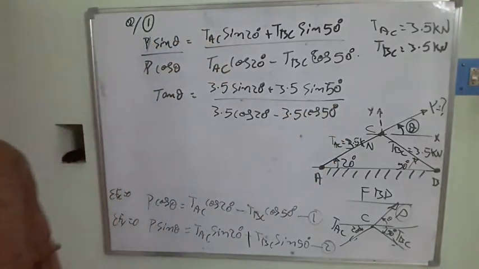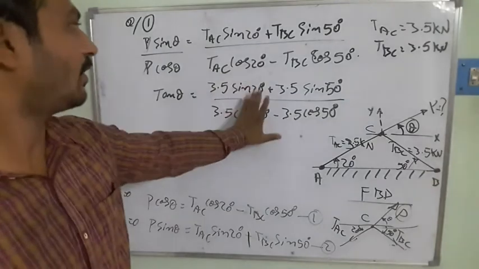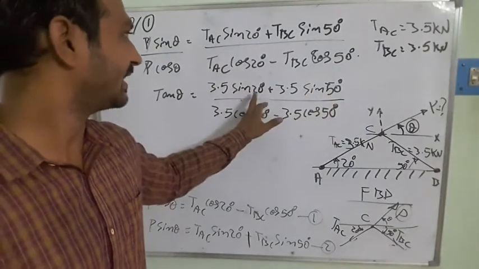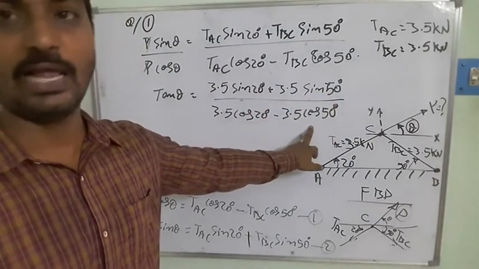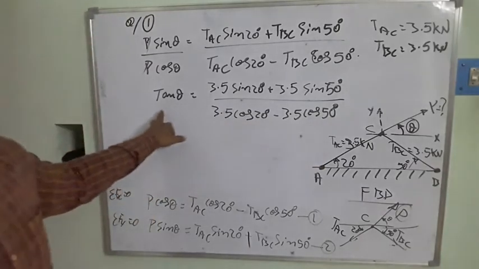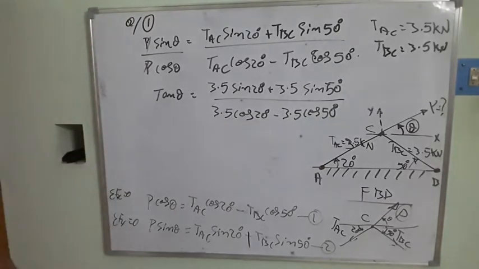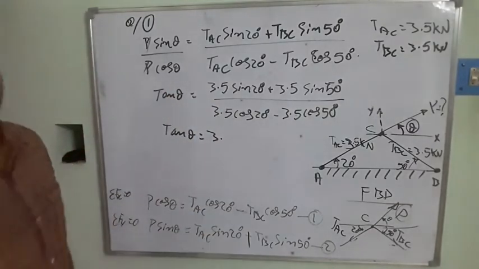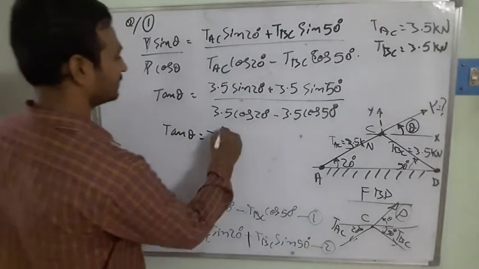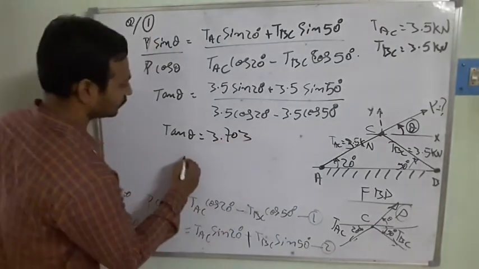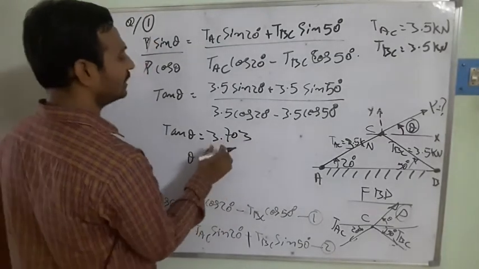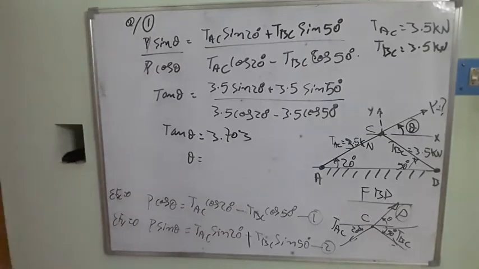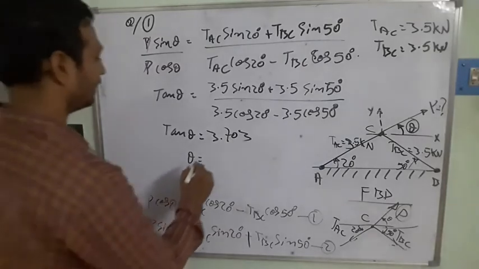Once we simplify and substitute the sin 20, cos 20, sin 50, cos 50 values, finally tan theta is equal to 3.703. Then theta is equal to tan inverse of 3.703. Finally theta is equal to 75 degrees, we got it.